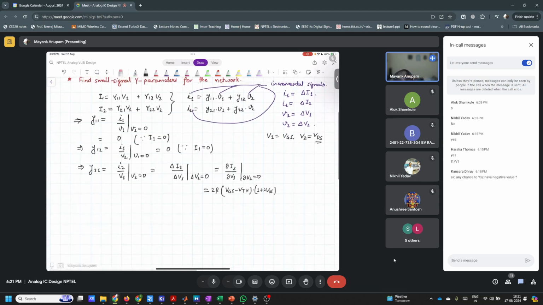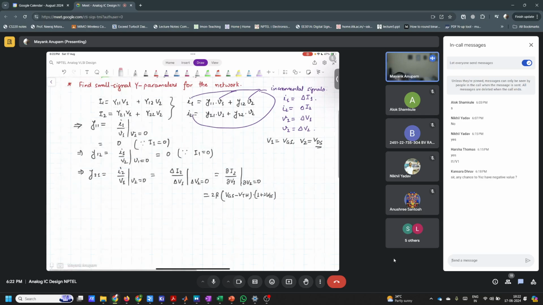Yes. So can someone tell me why didn't I put VDS equal to 0? I just said that V2 equal to 0. Why didn't I put VDS equal to 0? That is, the change in VDS is 0, but VDS has some value. Yes, exactly. Correct. Very good. You see, VDS cannot be changed. Delta VDS is 0, delta V2 is 0. It doesn't mean that VDS itself is 0. VDS can be something; it will be the operating point voltage.